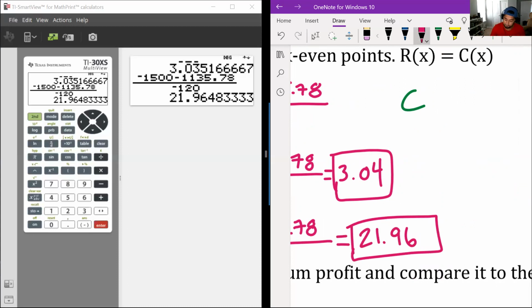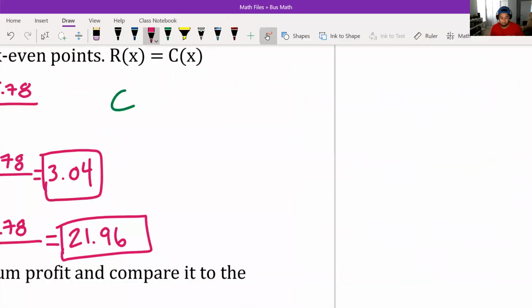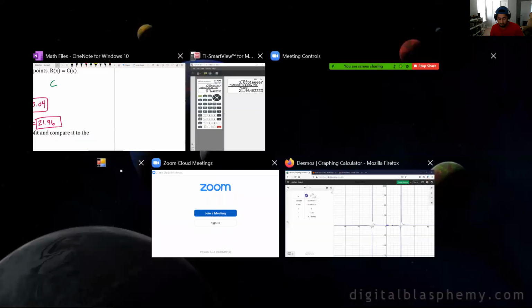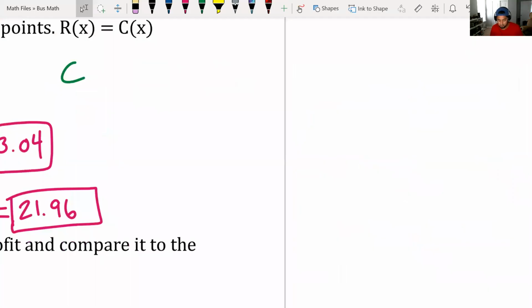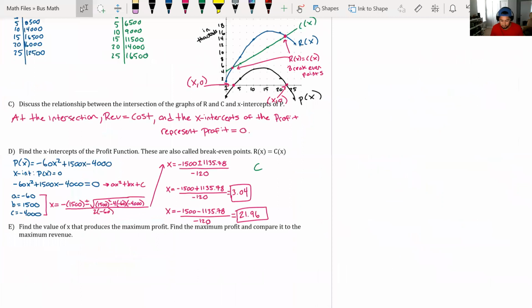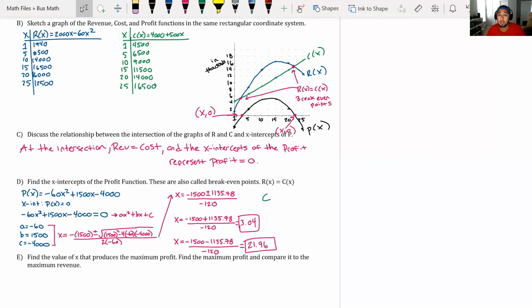All right. And these are the X values for your break-even points. So it says find the X-intercepts, and we have them at 3.04 and 21.96. It may make you round, so you can have 3 and 22 possibly, right?